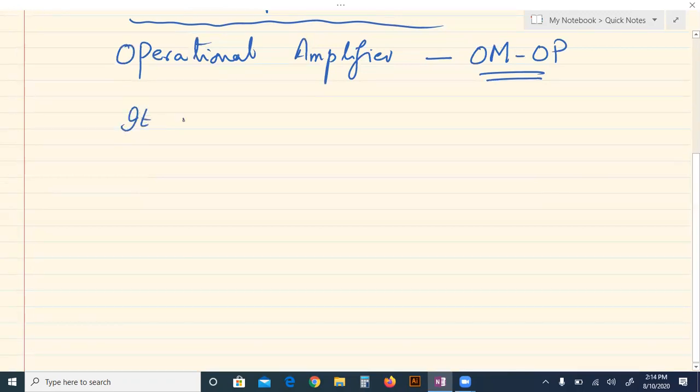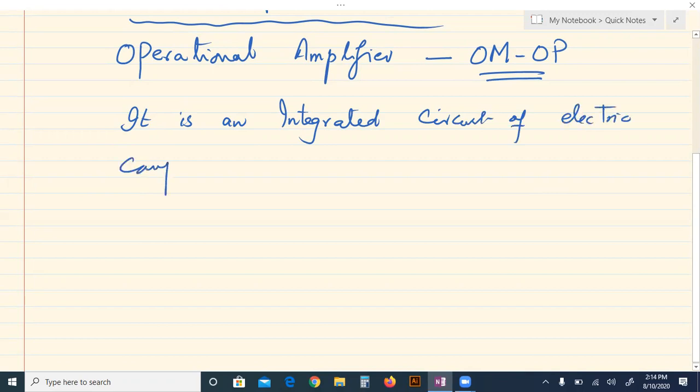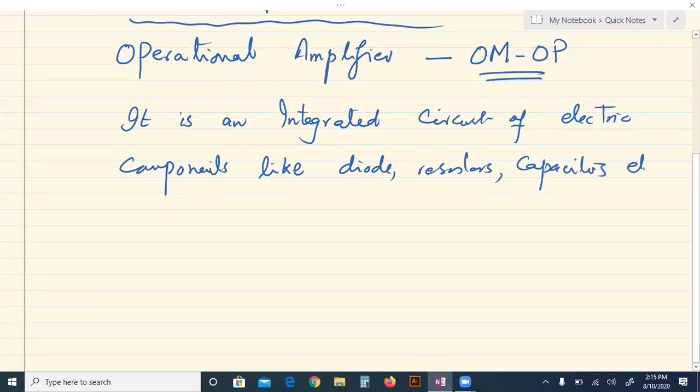What is this? It is an integrated circuit of electric components like diode, resistor, capacitors, etc. At least 20 in number.